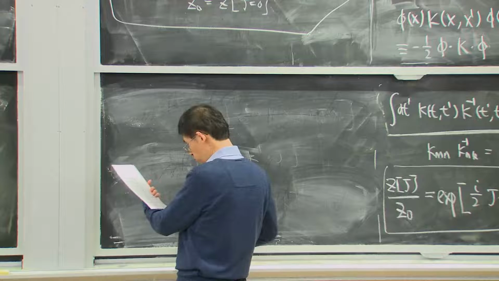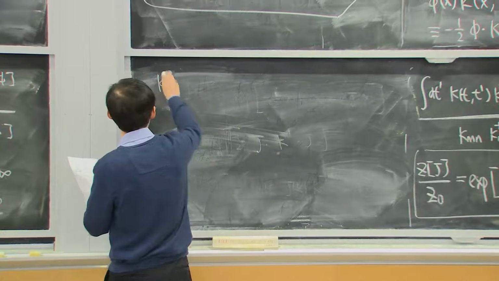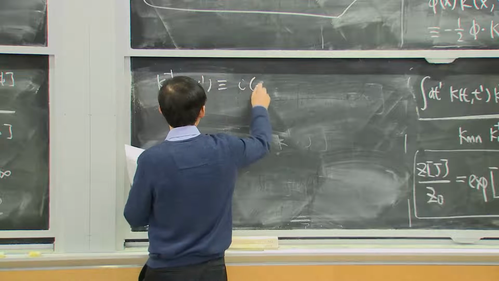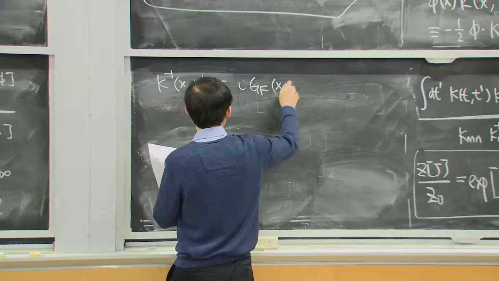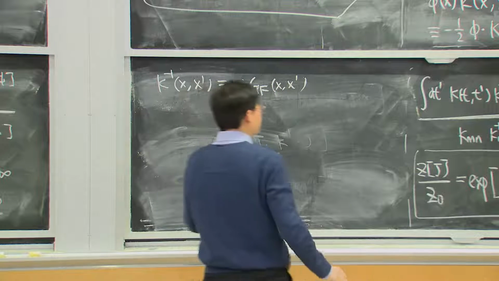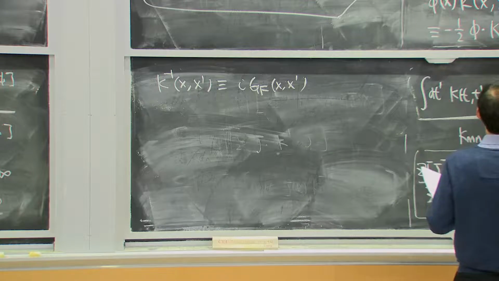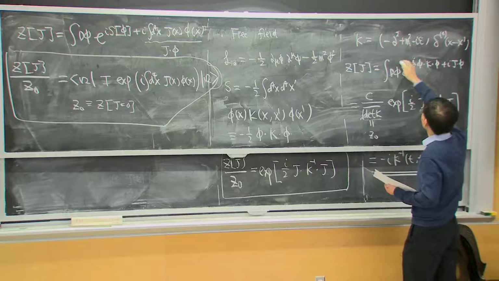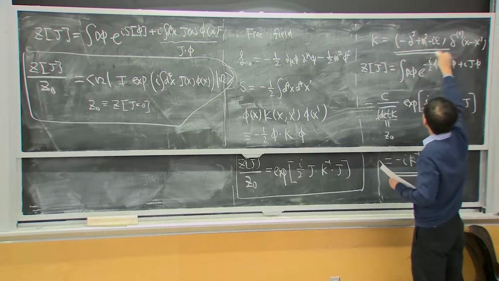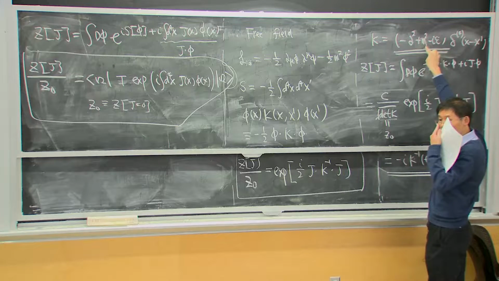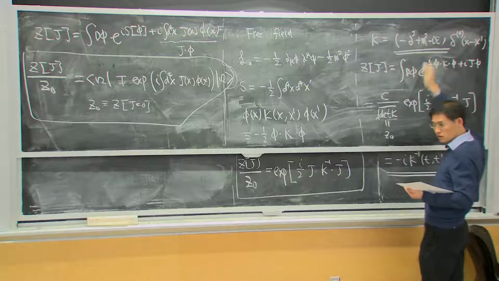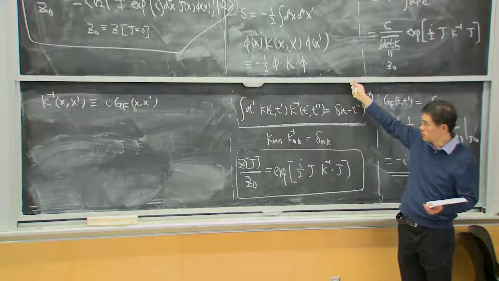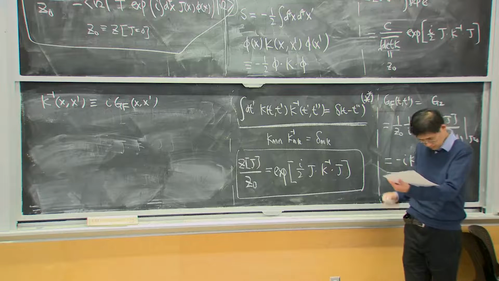So in this case we find that K inverse of x x prime equals i G_F of x x prime. This epsilon prescription, m squared goes to m squared minus epsilon, is precisely what we did before for the Feynman function.